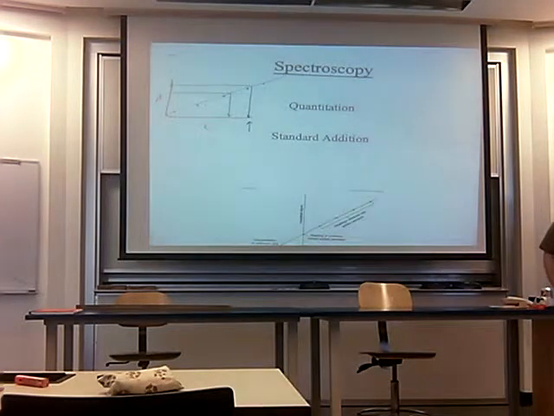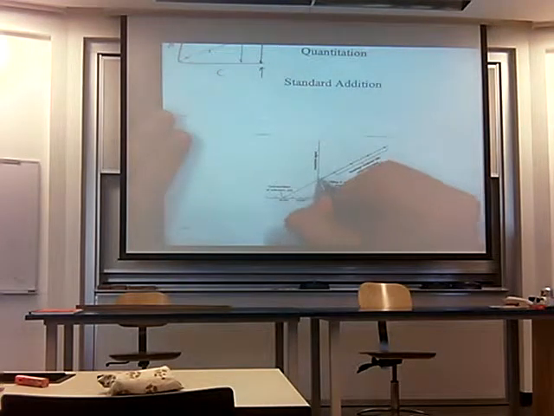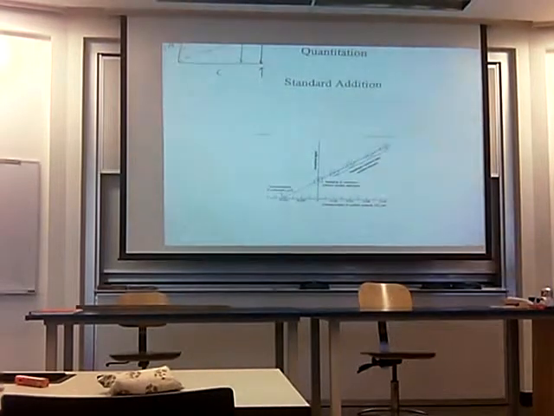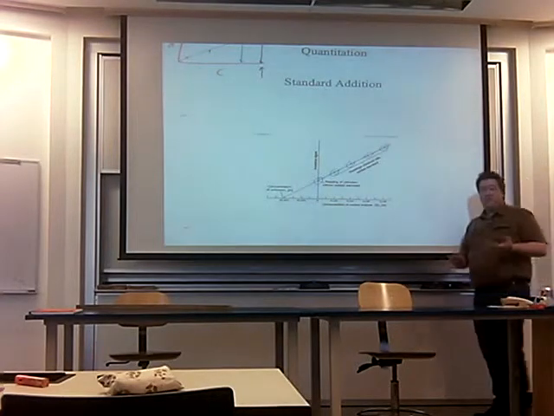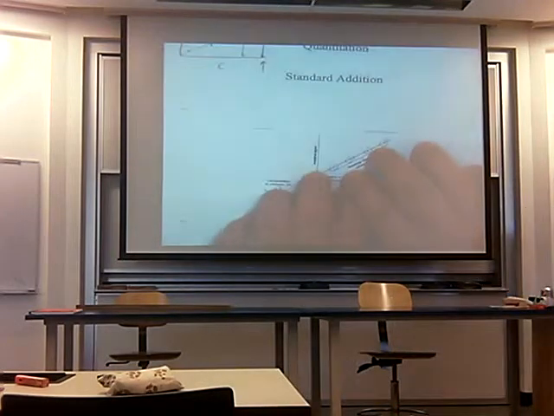So instead, standard addition is used. In standard addition, we're going to make sure that every one of our calibration points has the exact same amount of the unknown in it. Therefore, it has the exact same amount of matrix in it. Therefore, if anything in that matrix, anything in that background, is affecting the absorbance, it will affect all of the readings in the same way.